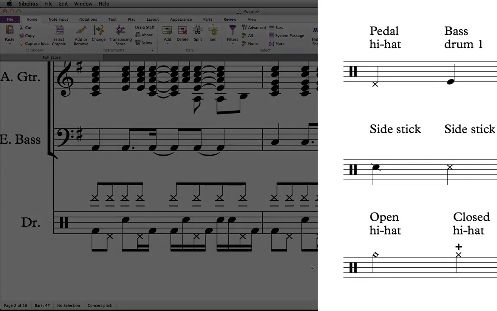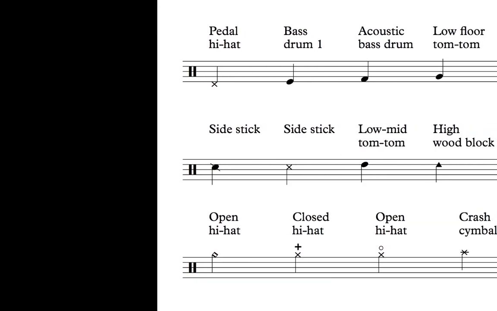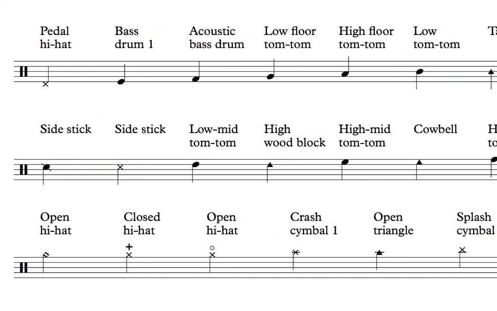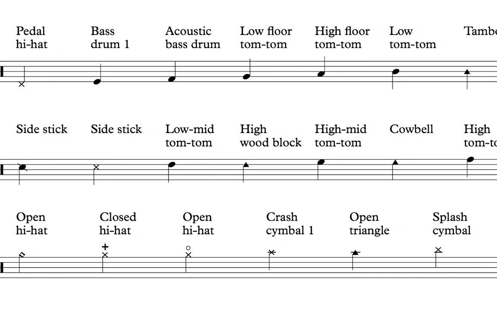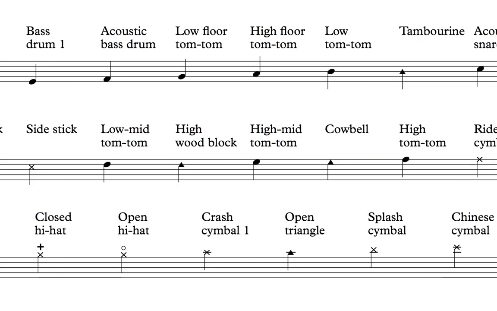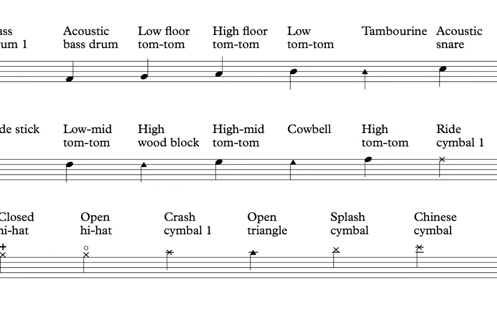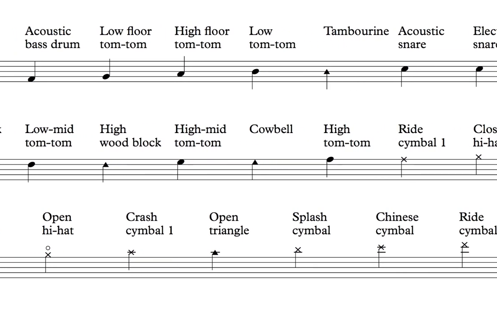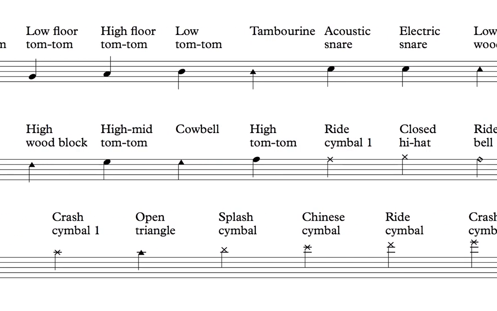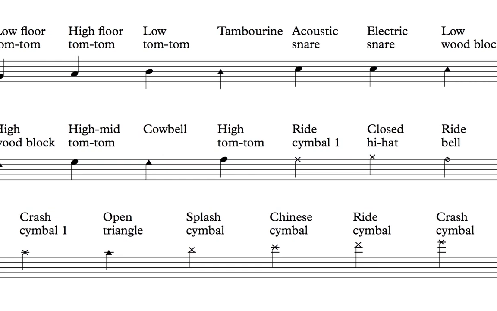To further complicate matters, music publishers subtly vary the way they position these note heads and the way that they lay out the notation. To try to make these things as consistent as possible, Sibelius has based its drum notational system on the recommendations of the Percussive Arts Society, which are laid out in Norman Weinberg's book Guide to Standardized Drum Set Notation.